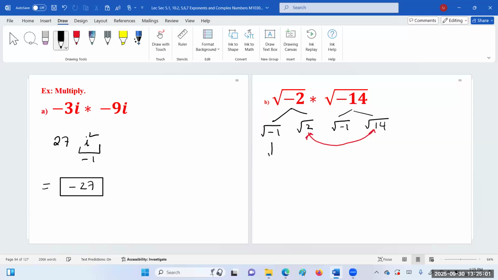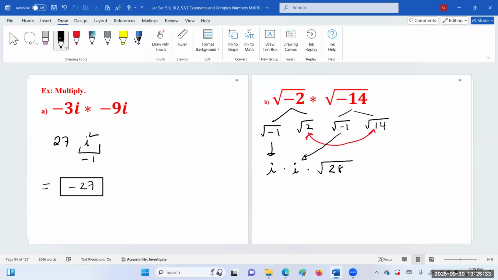So what is square root of -1? i. And this one, square root of -1? Another i. And if you multiply 2 and 14, what do you get? 28. Or you don't even have to multiply, you can simply do 2 times 14. Or let's multiply because it's a simple number, 28.